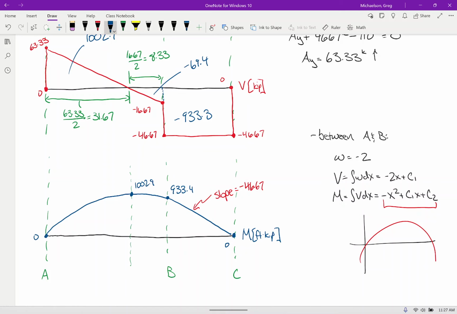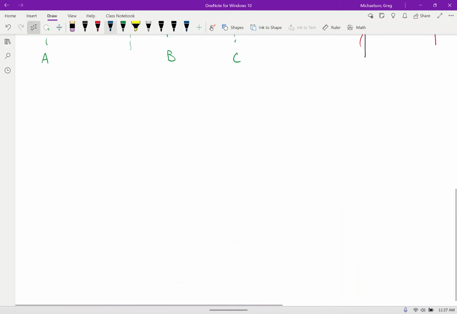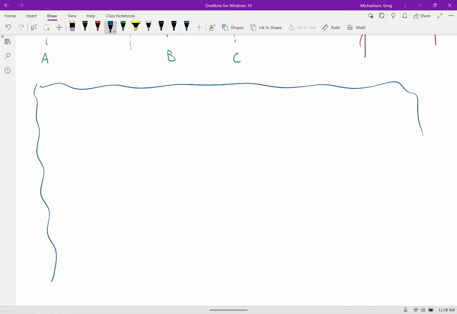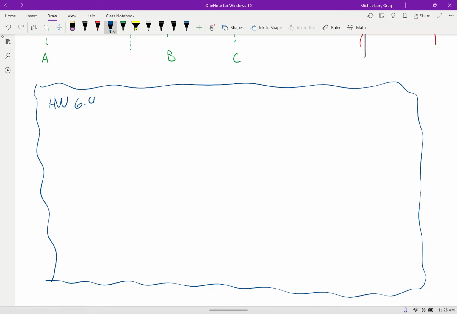Okay, so on the homework, you had a beam, and we won't really worry about the values. The values don't really matter. You had this, right? And you had that, right?